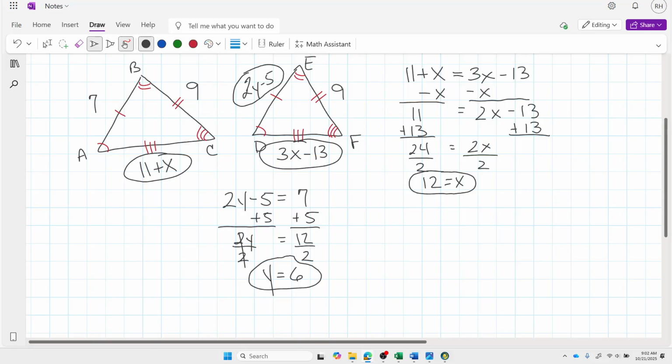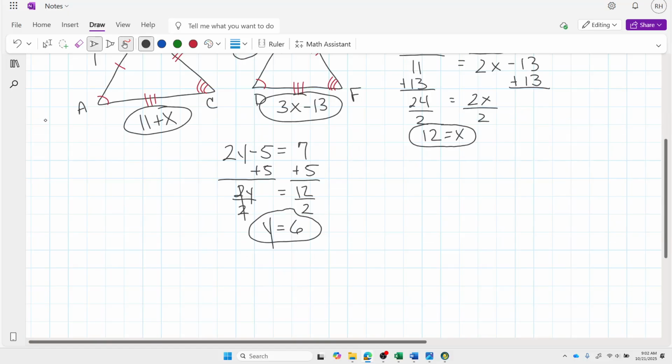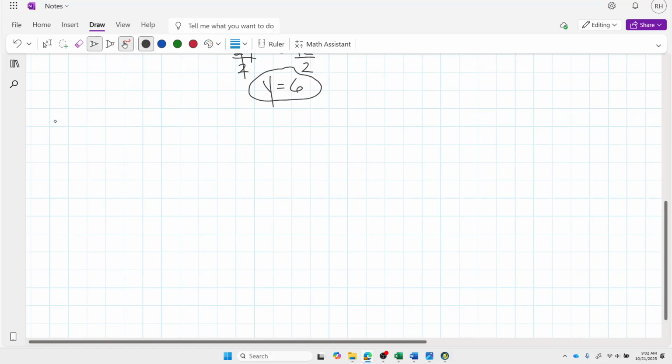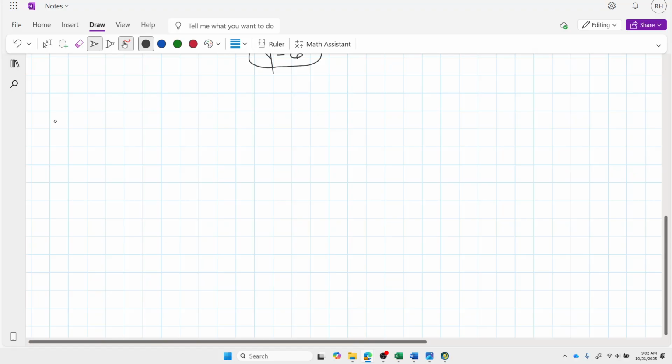That was so much fun. Let's do it again. Triangle LMN is congruent to triangle RST. Let's see. Angle L equals 49.